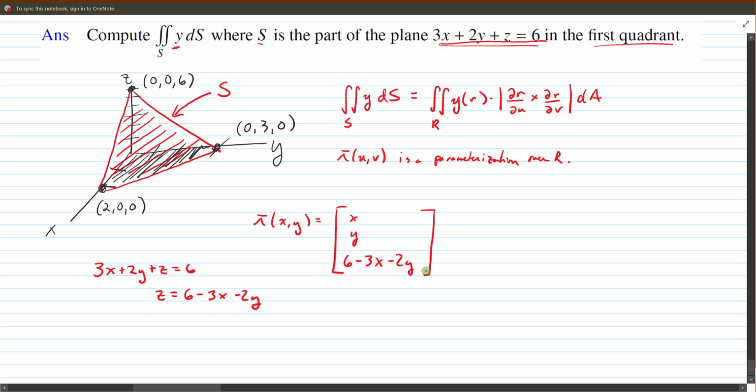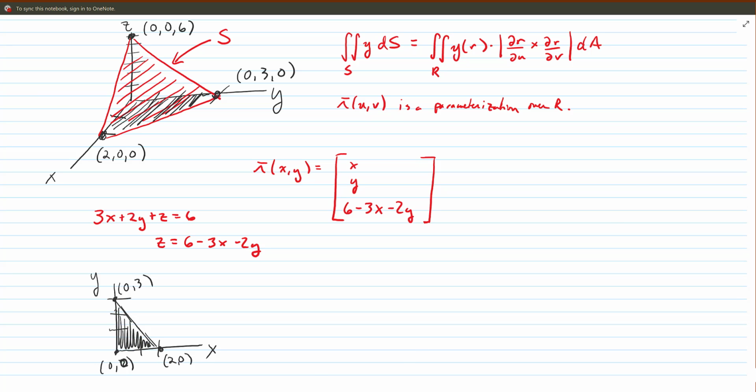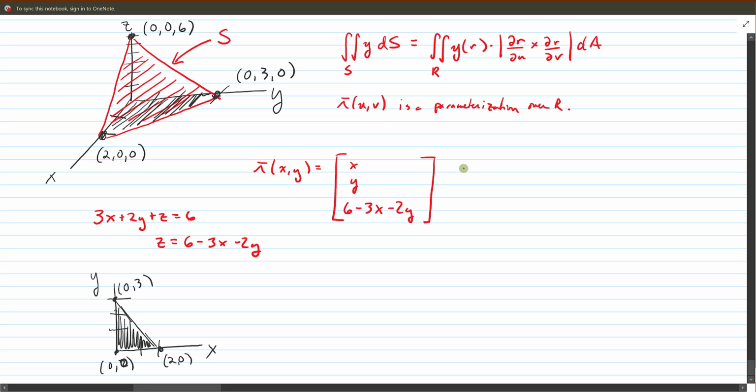Of course, the parameterization is no good unless we state the domain for it. And in this case, because we're looking at that black region in the xy plane, careful folks, there's a bit of rotation there. So I can go ahead and give the domain for this parameterization as x ranging between 0 and 2. And then I need to be careful.